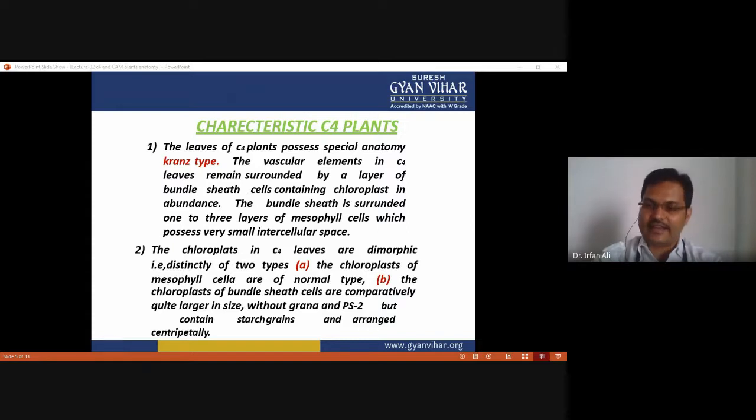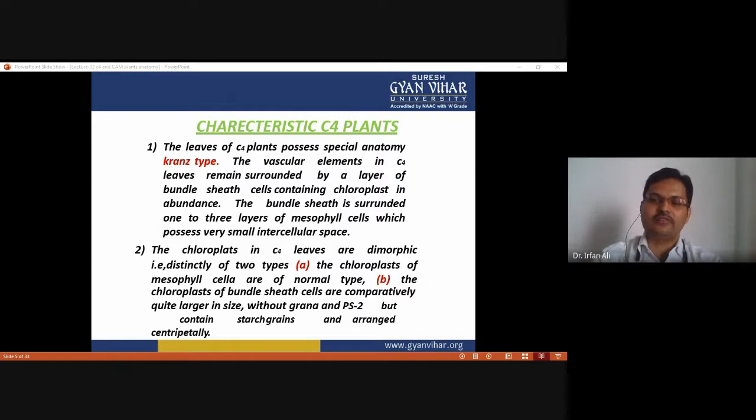Due to the Kranz anatomy, these plants are able to carry out the C4 pathway. The vascular elements in C4 leaves remain surrounded by a layer of bundle sheath cells containing chloroplasts in abundance, around the vascular element.